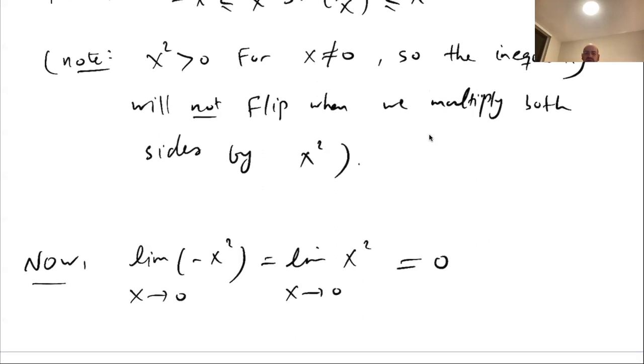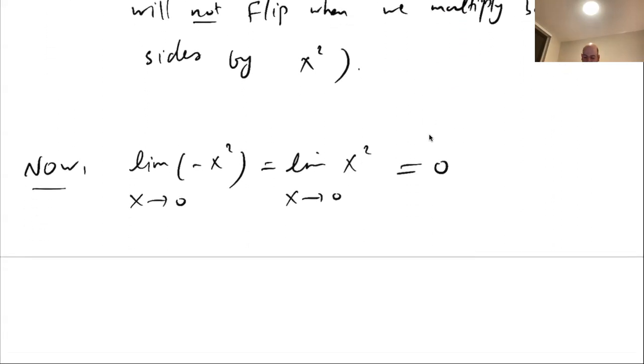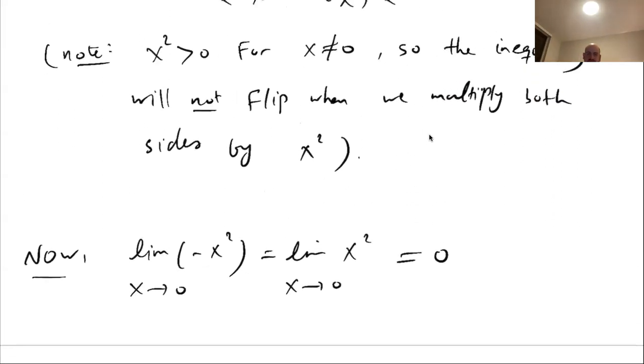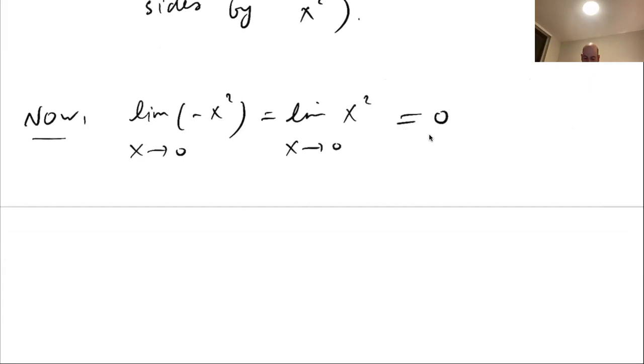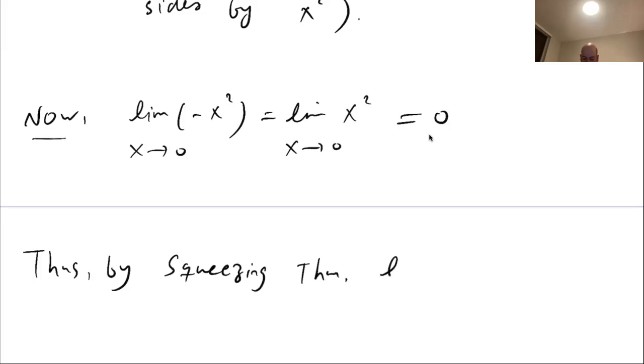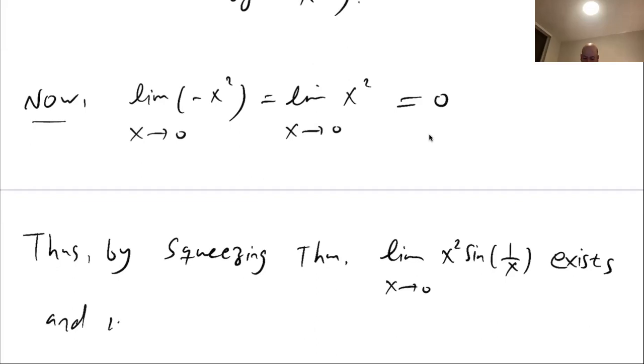So the limit of the middle function must also exist. Thus, by the squeezing theorem, the limit of the middle function, x squared sine 1 over x, as x approaches 0, exists and is equal to 0.